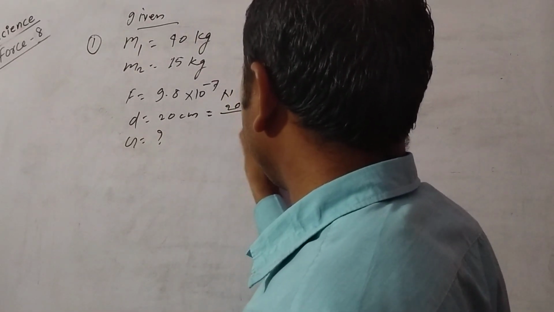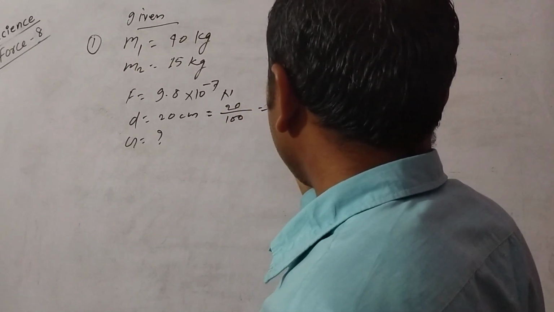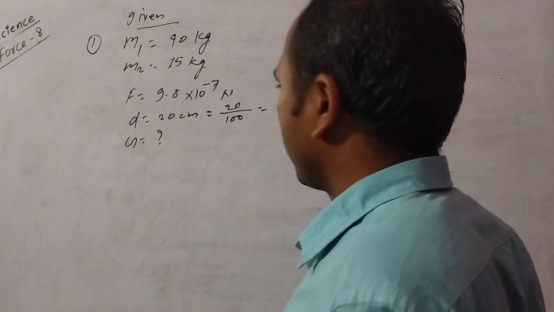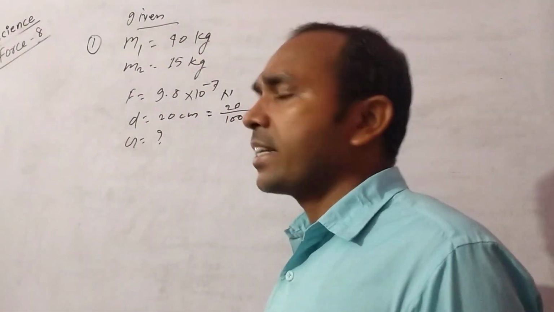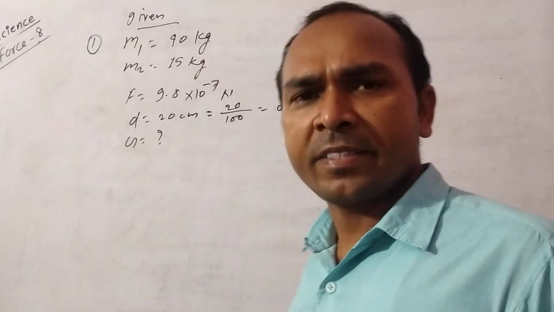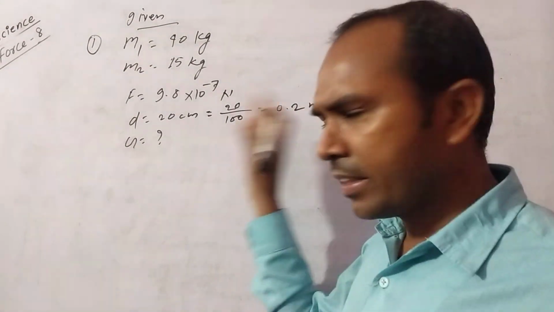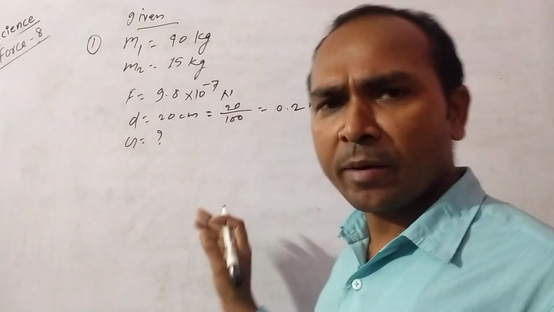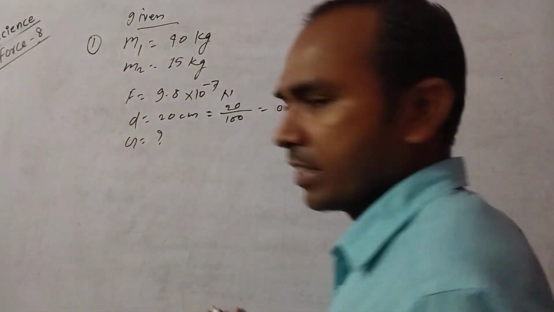20 by 100 is equal to 0.2 meter. First of all we have to write the givens, and after that we have to check whether all quantities are given in SI unit or not. If not, then we have to change them into SI unit, and then apply the suitable formula to calculate the required quantity.